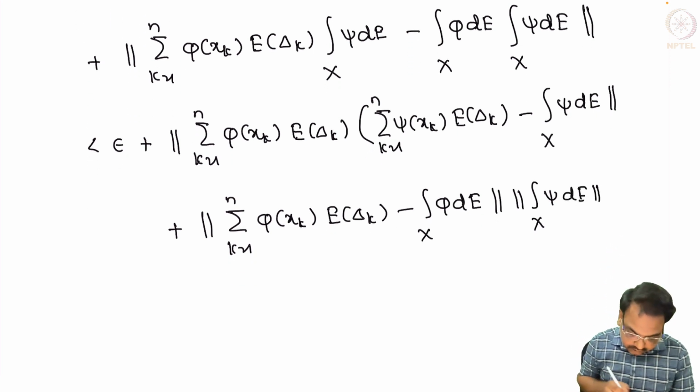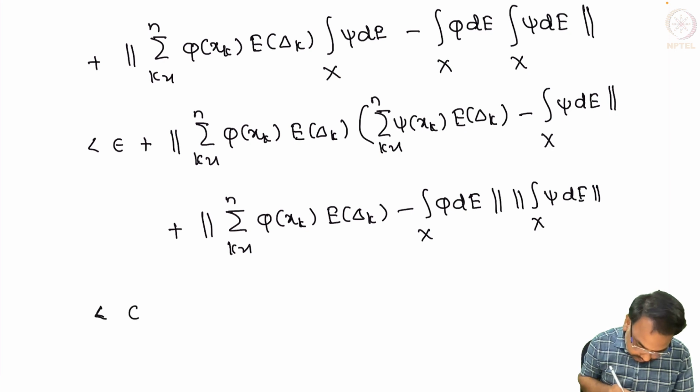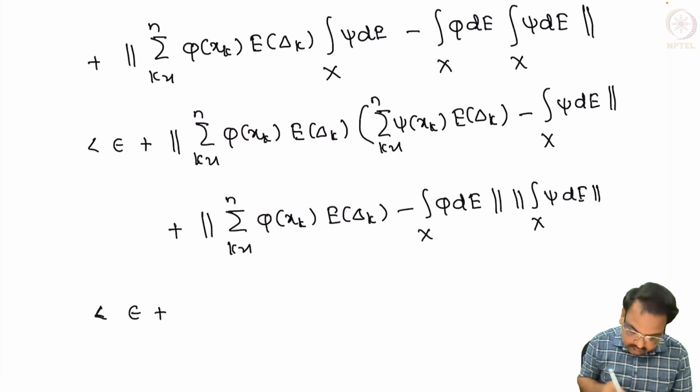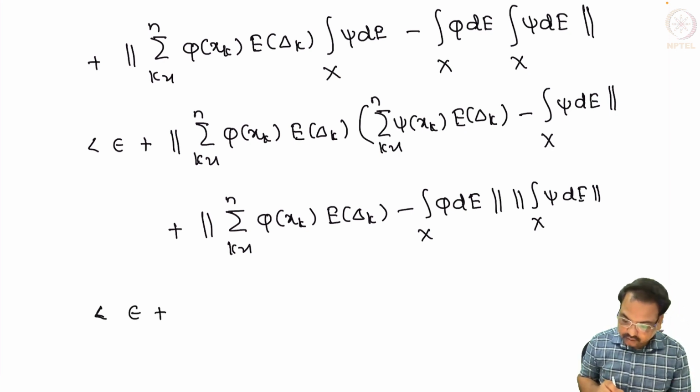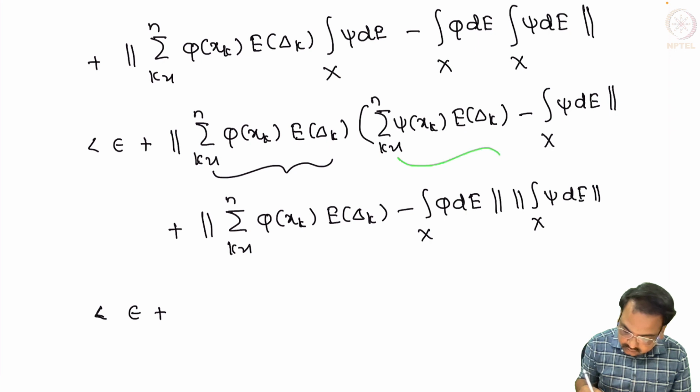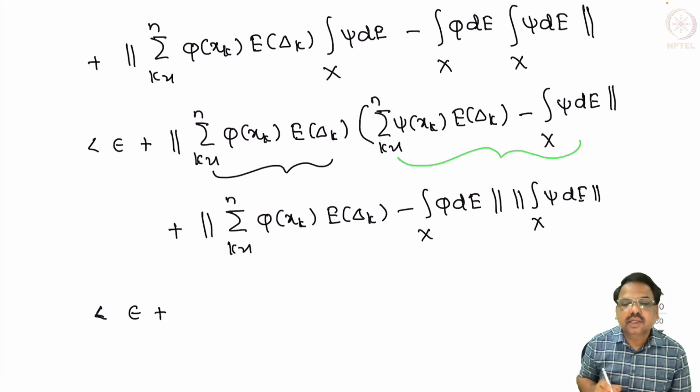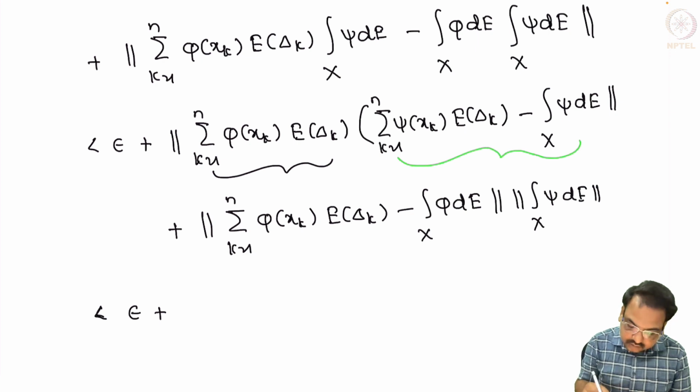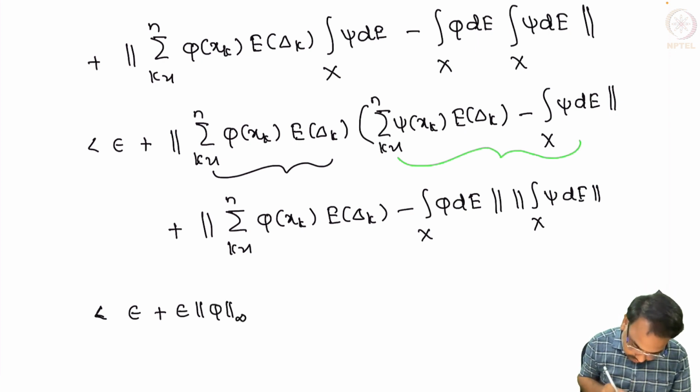Okay, so the first term is less than epsilon, and the second term is less than or equal to this term into this term. The second term is less than epsilon, the first term is less than or equal to the sup norm of phi, so this is epsilon into norm of phi.